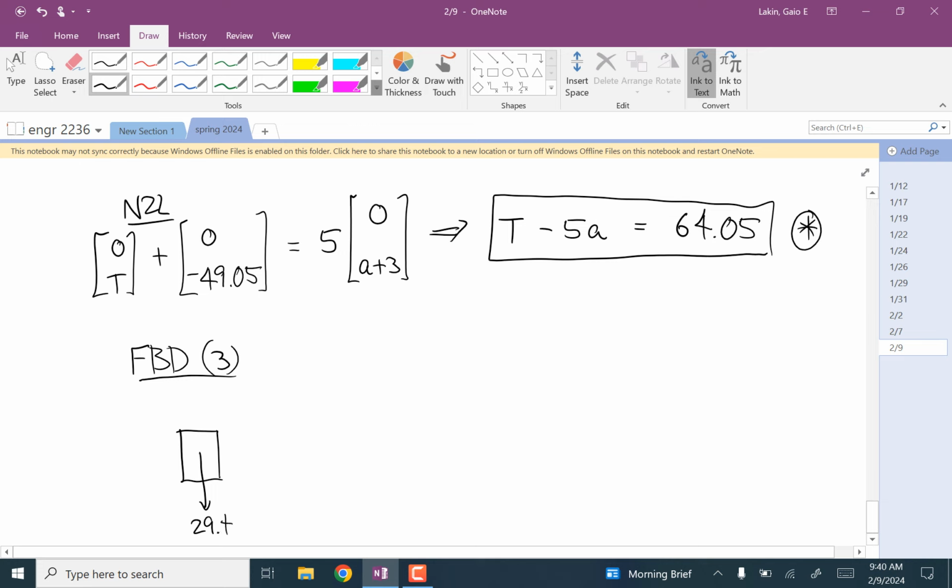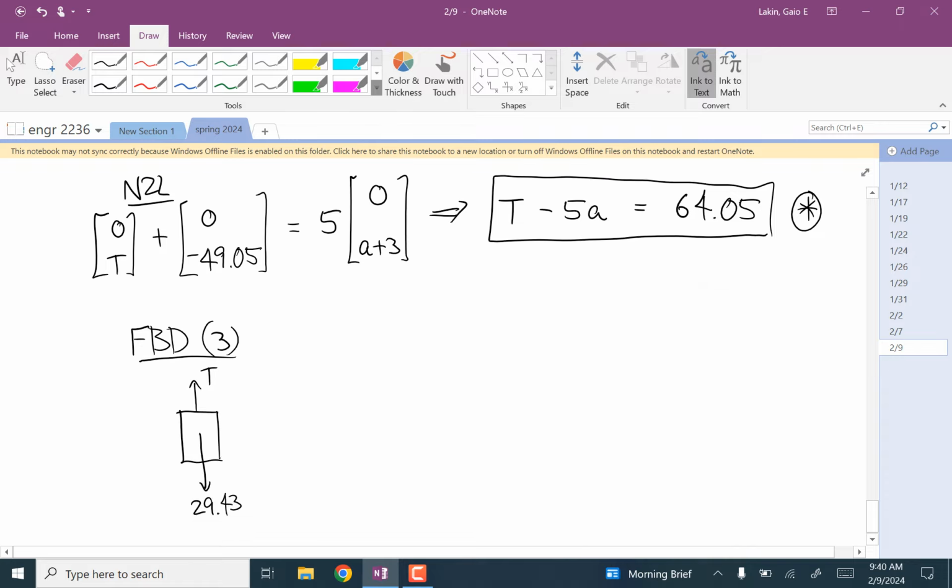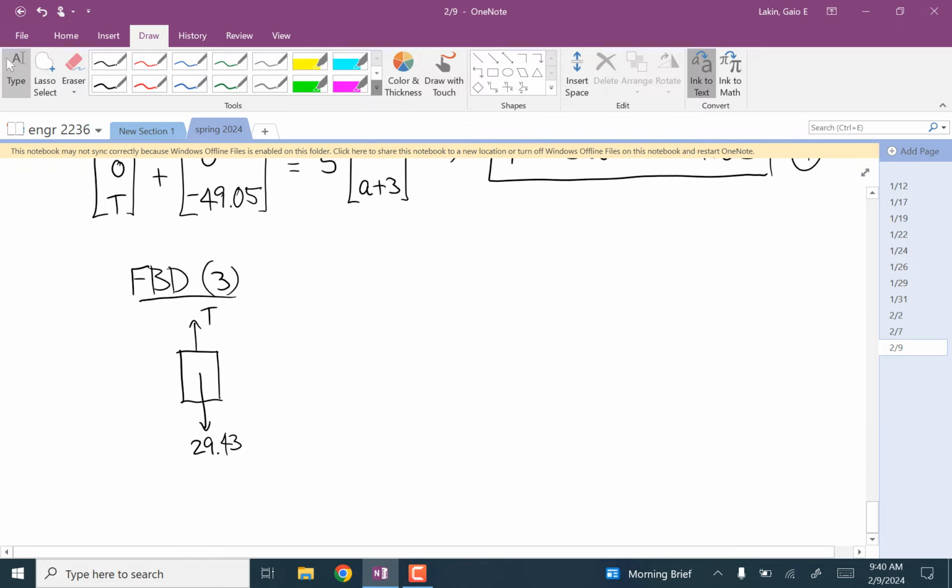We have 29.43 t. Okay, what I want you to notice is the acceleration, just like in the first part of this problem before the elevator was accelerating, the acceleration vector of the 3 kilogram relative to the elevator works the same way with that 1 inch thing.